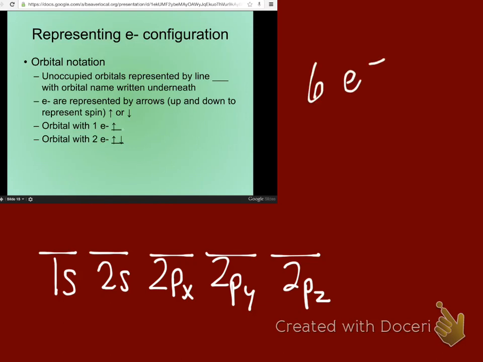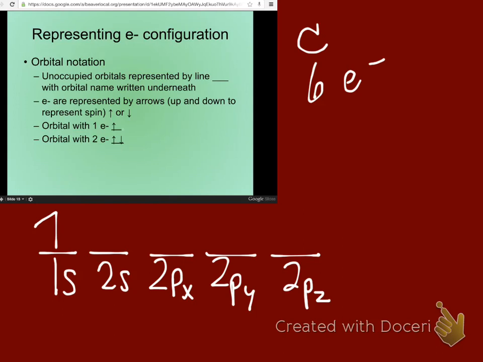That would be carbon. Okay, 6 electrons. So based on our rules, where's the first place electrons are going to go? 1s, lowest energy available, Aufbau. So we put in 1.